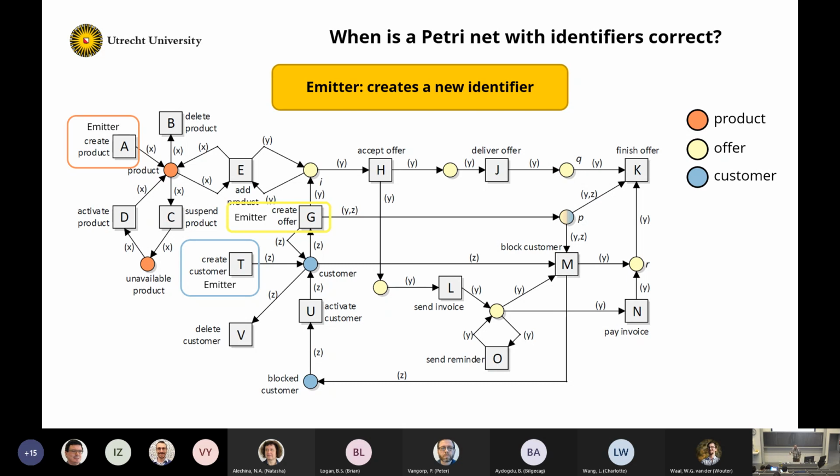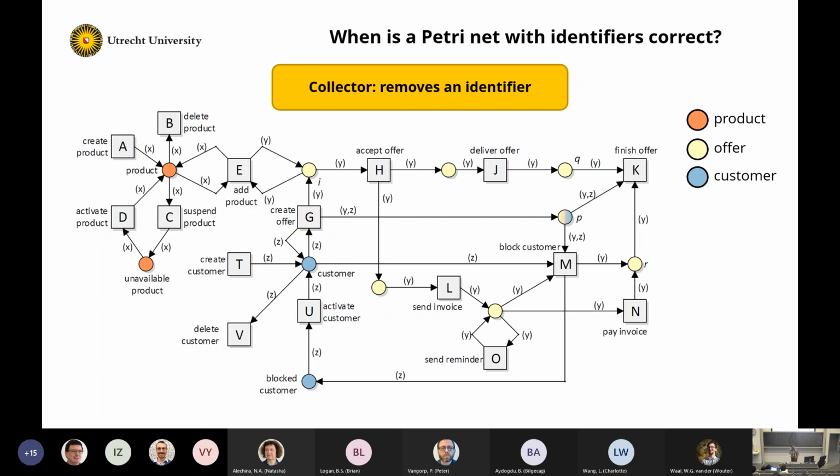You directly see that, if you wouldn't have seen it from transitions A and T. I can also find other transitions, namely the collectors, that remove identifiers from the net. For example, transition B removes a product, delete customer is a collector of the customer, and finish offer is a collector for the offer.